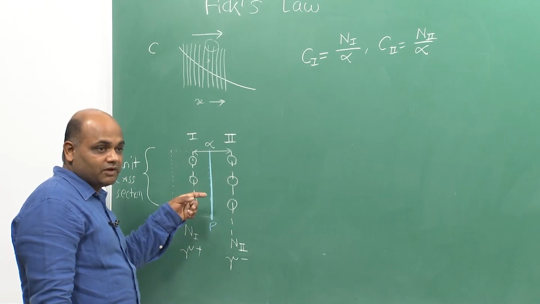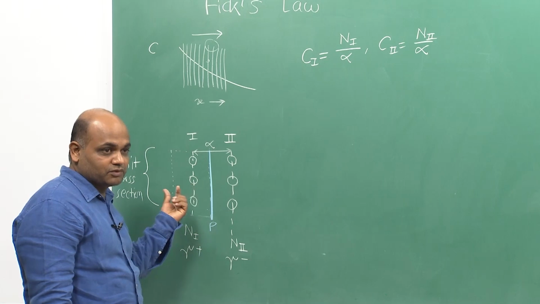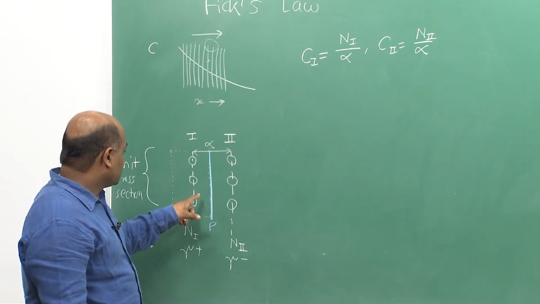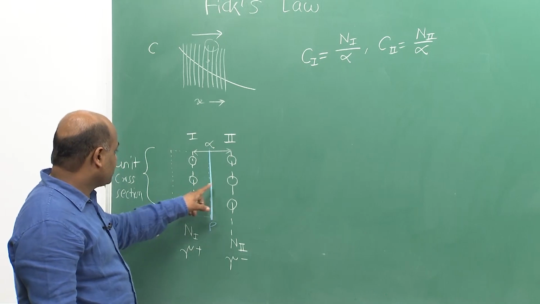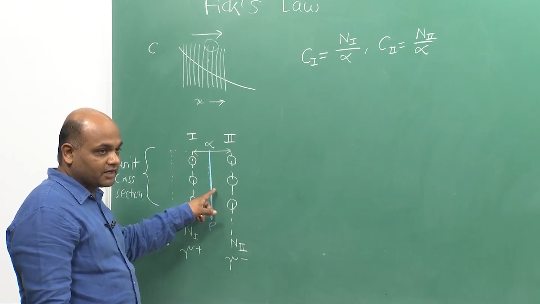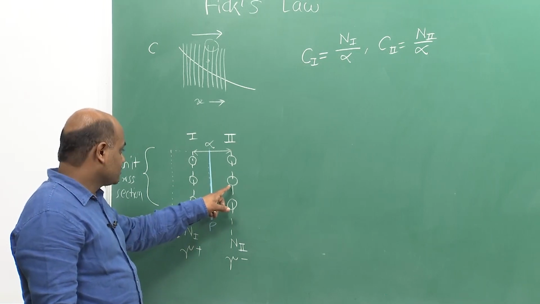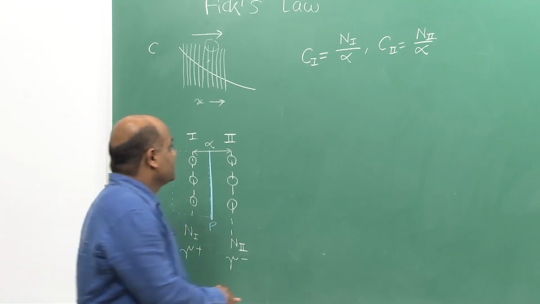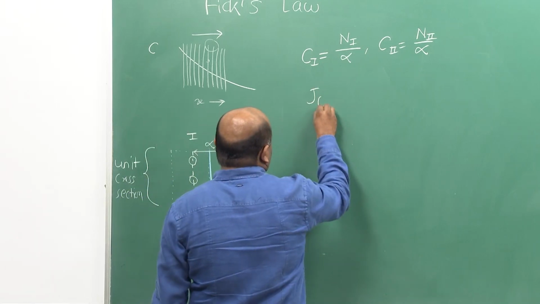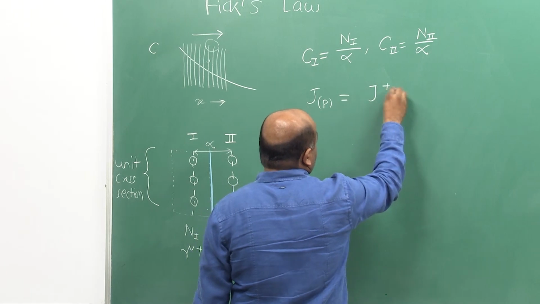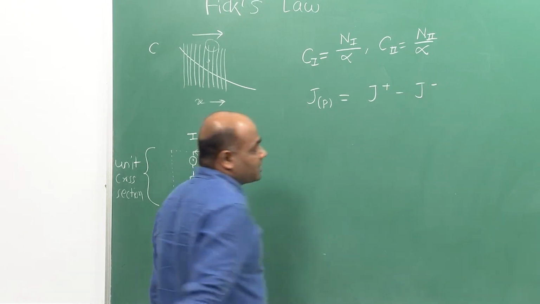So, the net flux will be the difference between the two, right. So, if I call the atoms jumping from plane 1 to plane 2 per unit time per unit area as J plus and 2 to 1 as J minus, then the net flux in P will be J plus minus J minus.